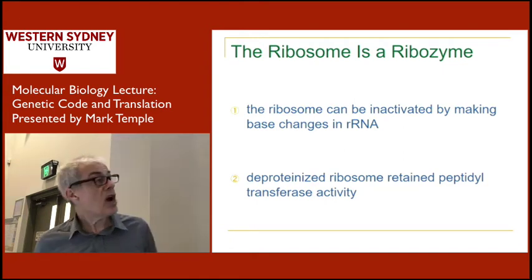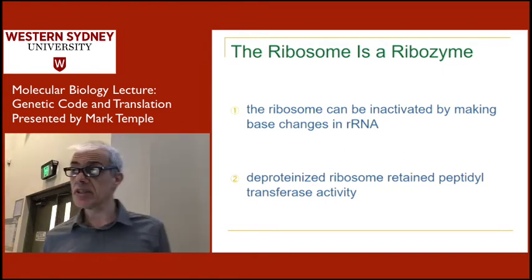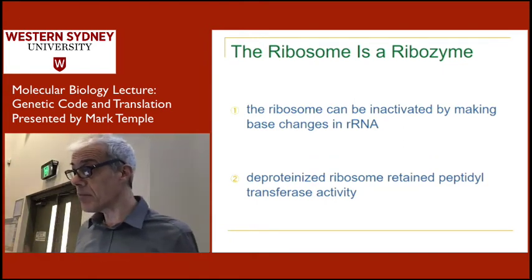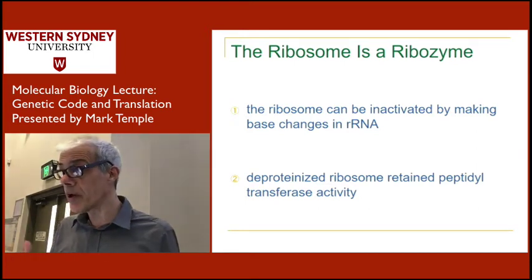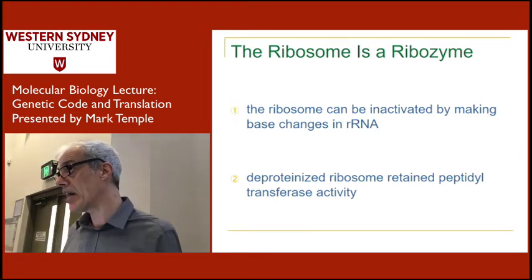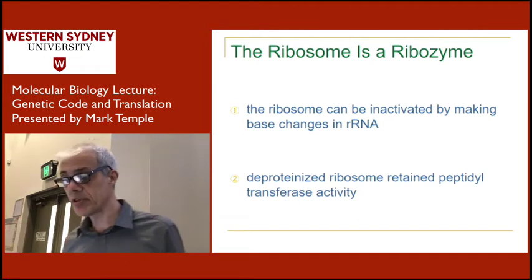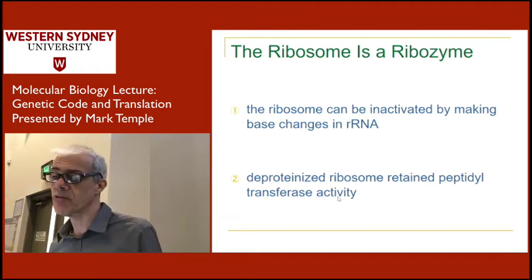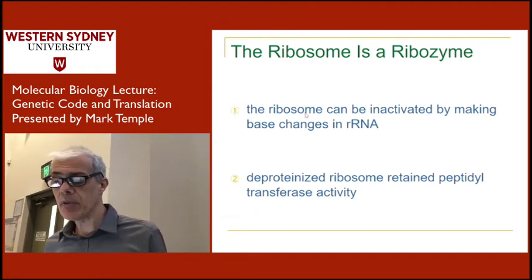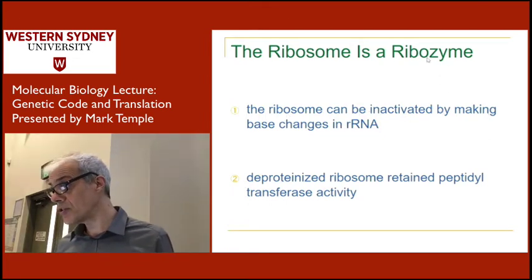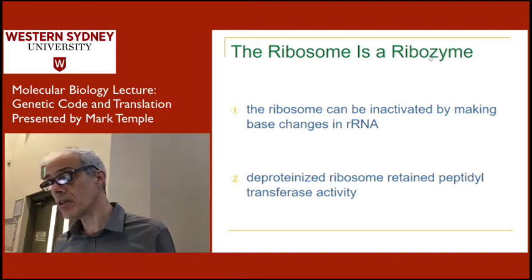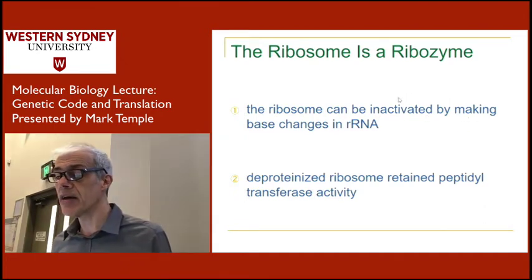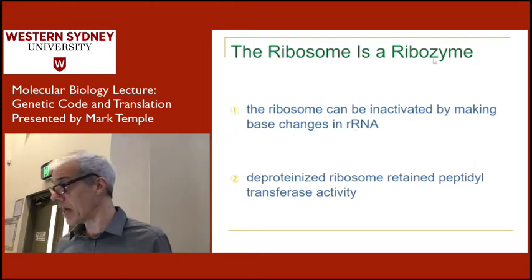So a ribosome is said to be a ribozyme, meaning the enzyme function of the ribosome is predominantly through the RNA molecules embedded in the ribosome. Okay, so the ribosome is a ribozyme. The ribosome can be inactivated by making base pair changes to the RNA sequences within the ribosome, which tells you straight away that when you can knock out the enzyme activity by making base pair changes to the RNA, then those RNA sequences are really important.